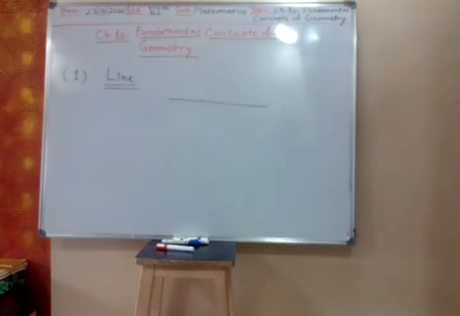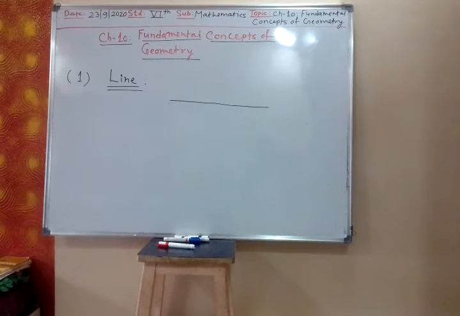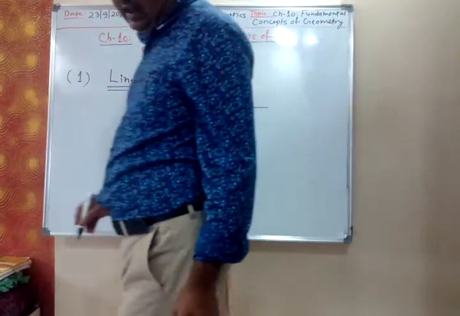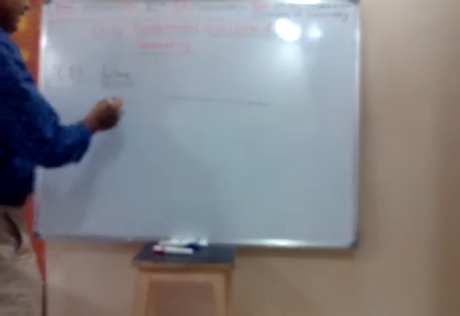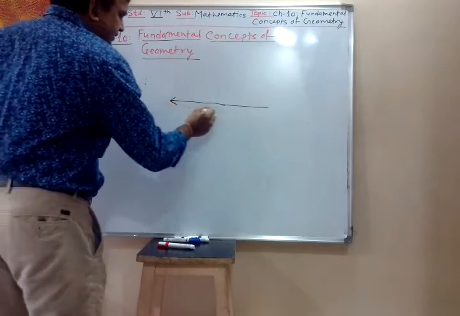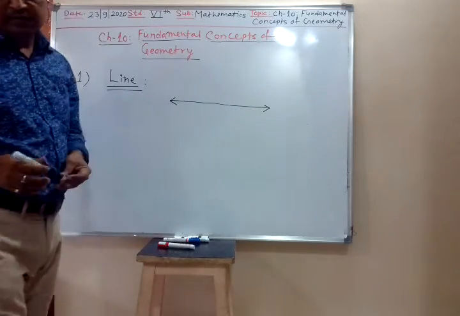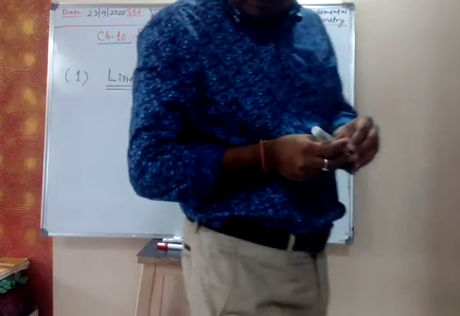Right, what is a line? It has an arrow at both the ends. The line has an arrow at both the ends.